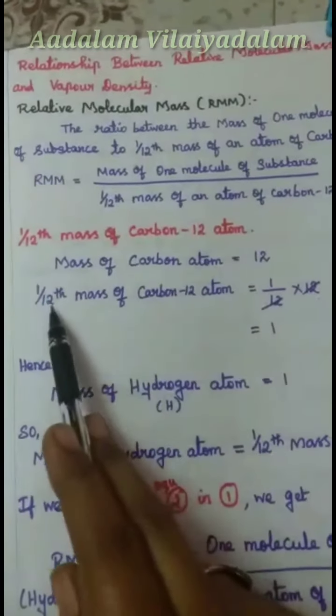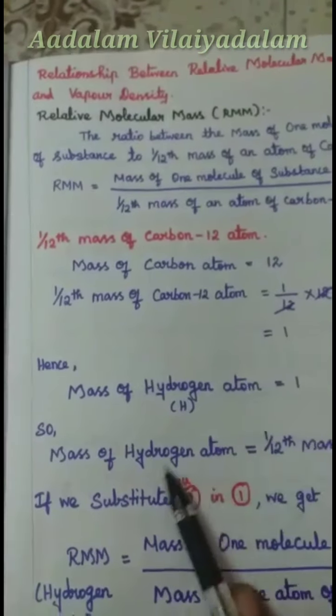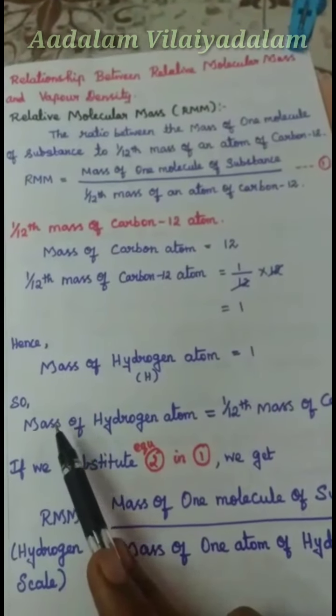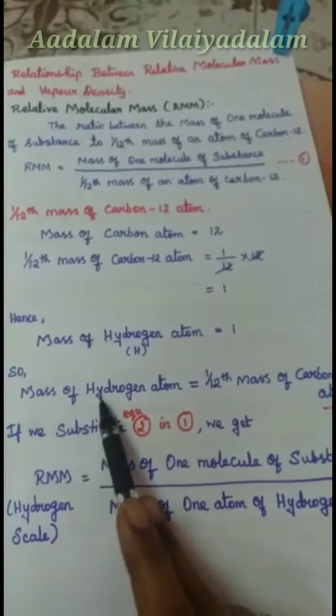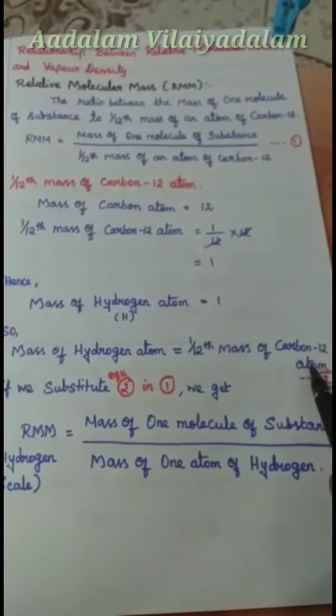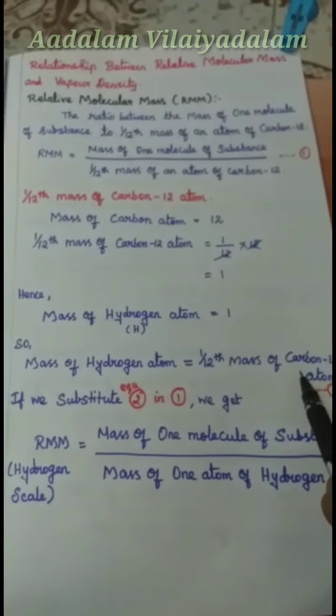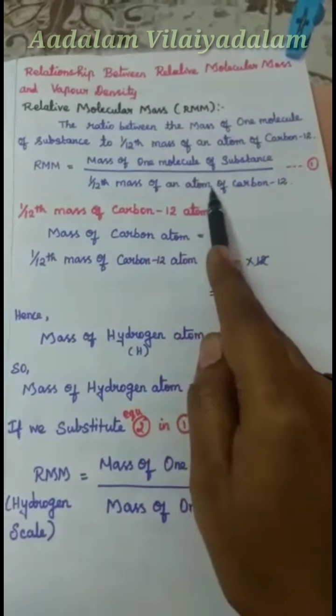So, instead of this 1 by 12th mass of carbon 12 atom, we write the mass of hydrogen atom, because the mass of a hydrogen atom is equal to 1 by 12th mass of carbon 12 atom. We substitute this into the relative molecular mass equation.